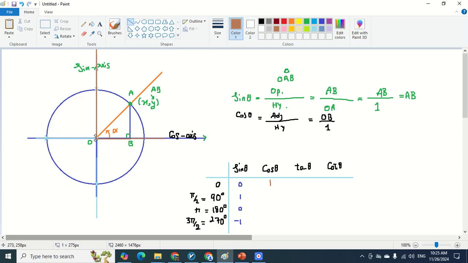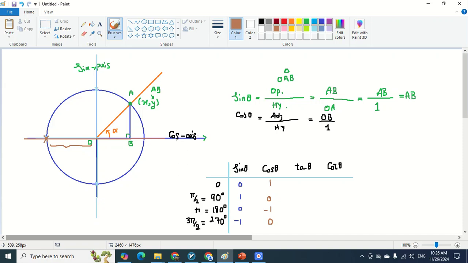If I rotate it to 180, at this point the value of cosine, or this length, is equal to -1. And if I return back to 360 or 0 degrees, the value will be equal to 1 as well.